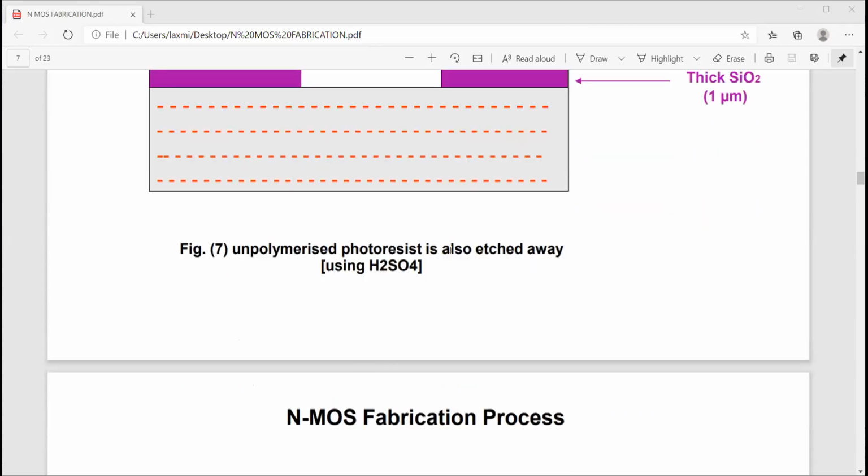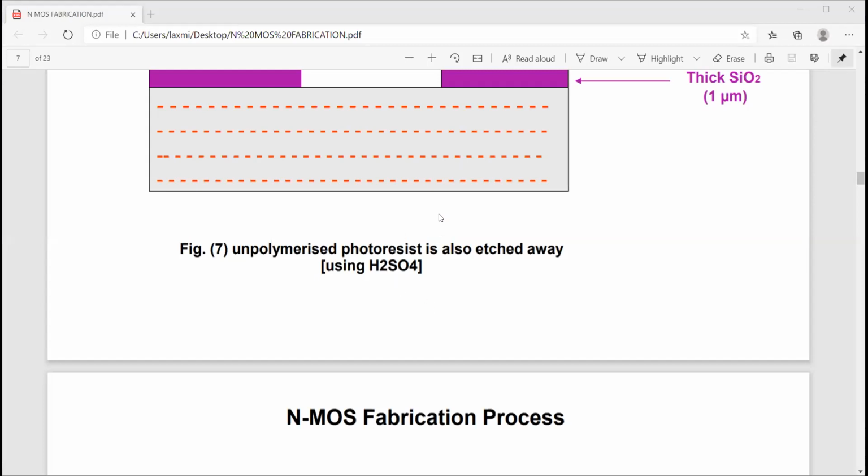The photoresist is also etched away using H2SO4. Sodium chloride, ma'am, do you have an idea what it is, H2SO4? I forgot it. Hydrogen peroxide అనుకుంటాం. Hydrogen peroxide or H2SO4?